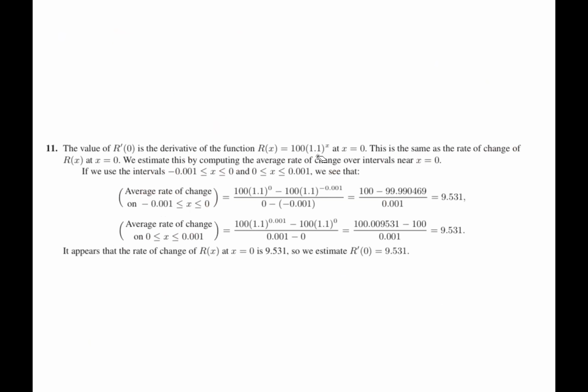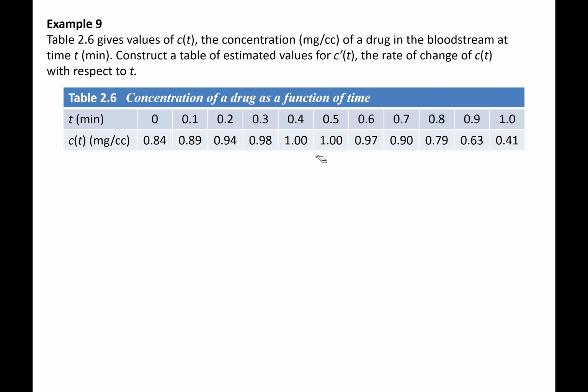That's the explanation. And another question, because we can see all of the questions are about the instantaneous rate of change: from the graph, from the formula of the function, from the given values, like now we will try to do. Everything is an approximation.